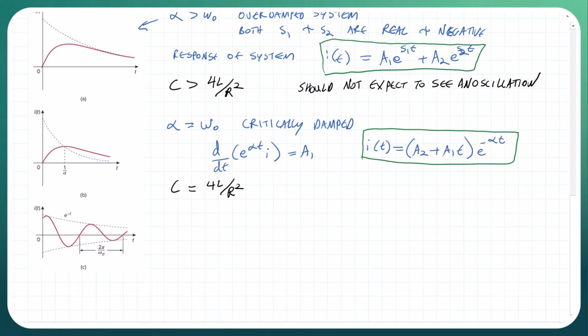And there are going to be two components to this response. We have an exponential decay and an exponential decay multiplied by a linear term.